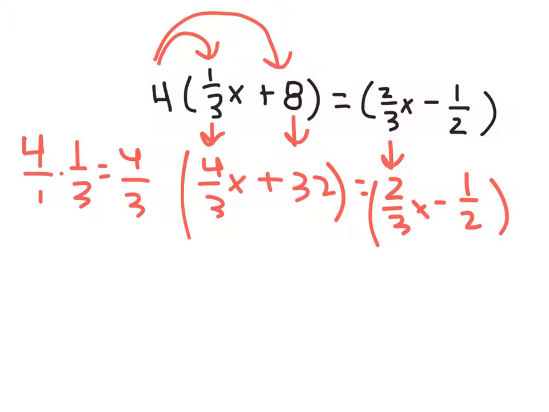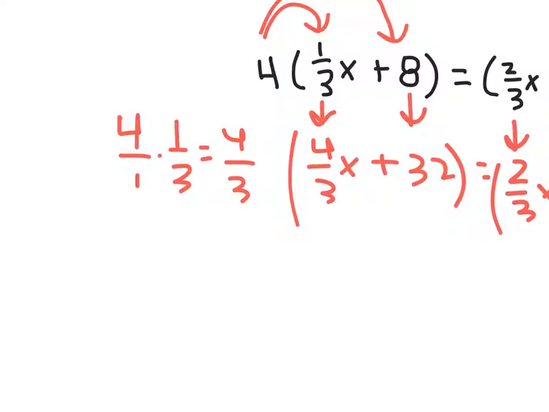Now, what we're going to do is it's going to make it easier on us to just make all of the fractions constants. It's going to make it easier for the rest of the problem. So we got to find something in common in the denominators with 3 and 2.